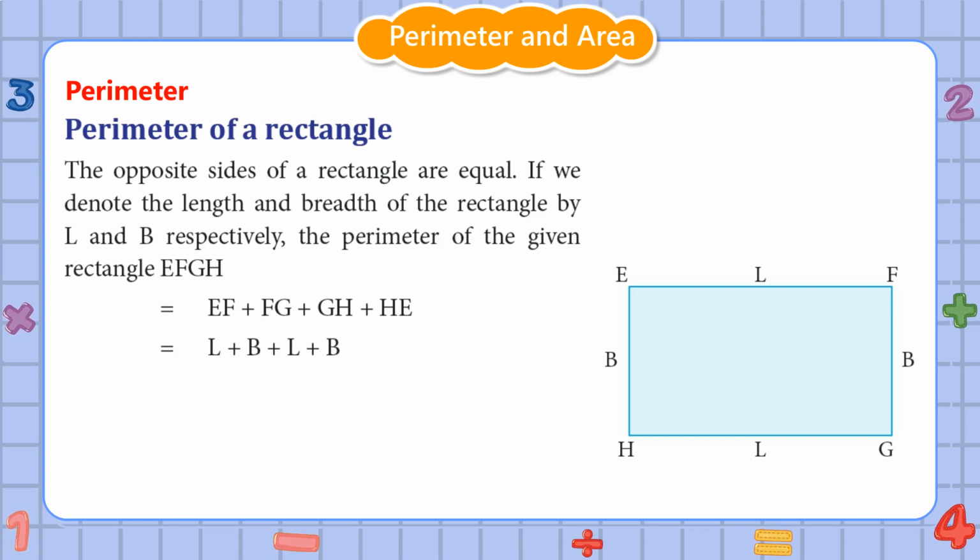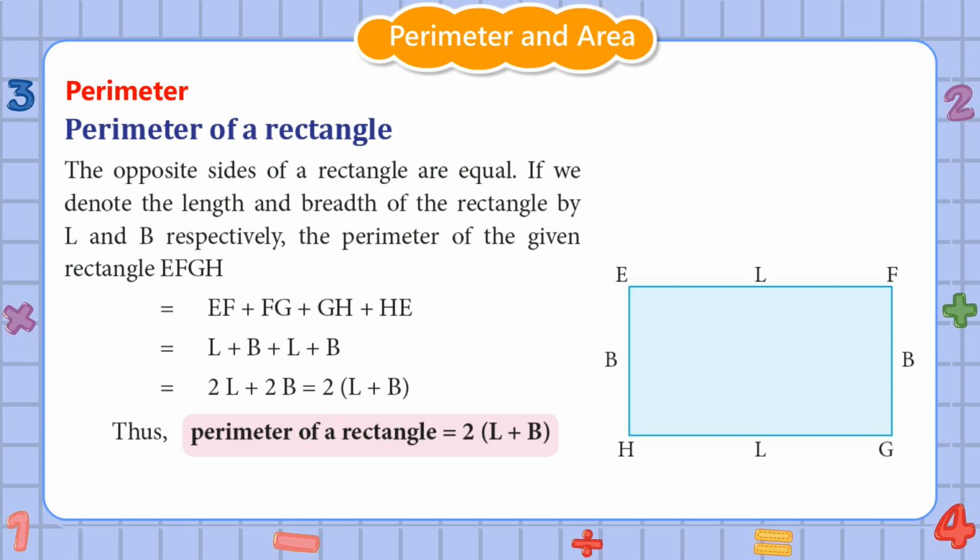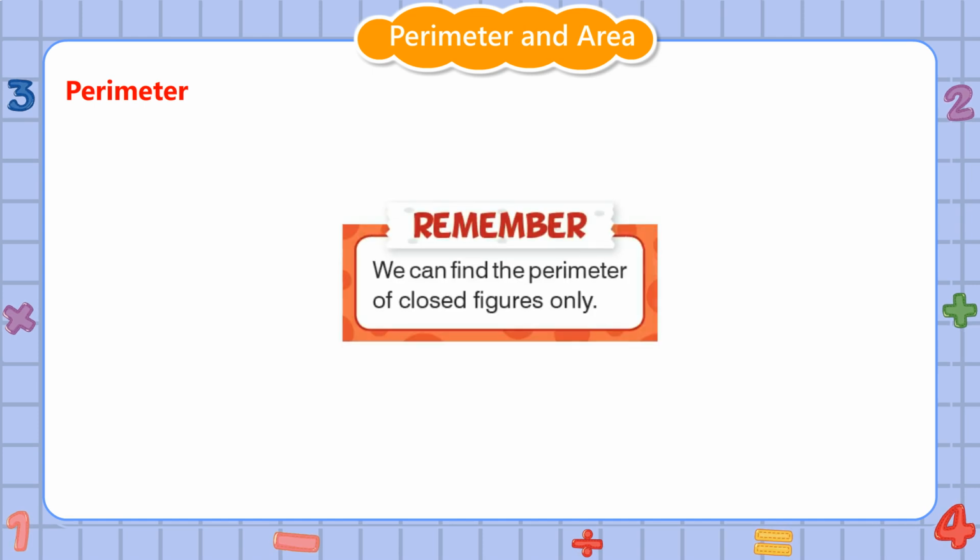It is equal to L plus B plus L plus B, equal to 2L plus 2B. It is equal to 2 multiply length plus breadth. Thus, perimeter of a rectangle is equal to 2 multiply L plus B.